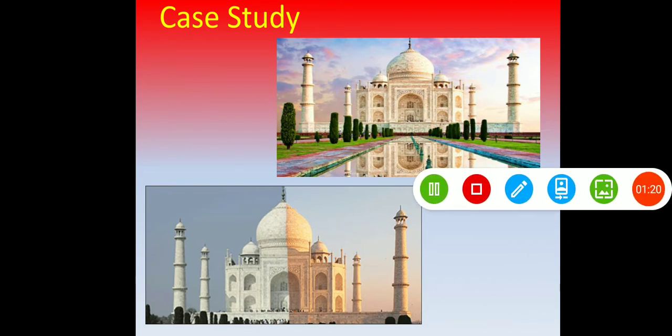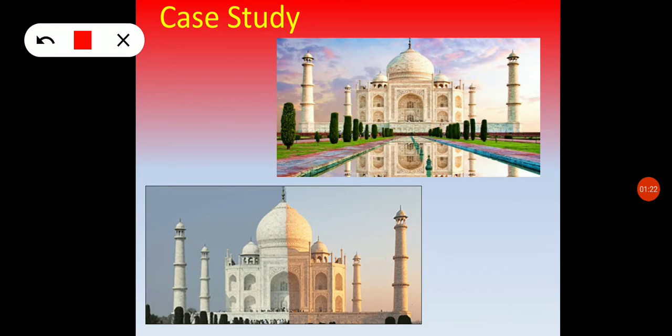But nowadays, if you observe, the color of the Taj Mahal has been changing to yellow. Why is this change in color observed? Because of pollution, because the air has been polluted. Because of this air pollution, the discoloring of the white marble has taken place.